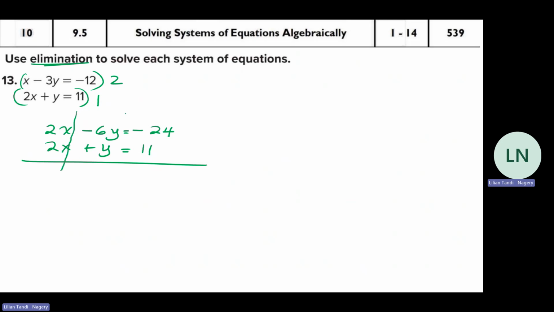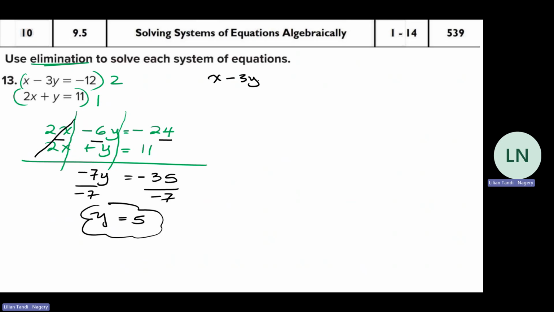Make my houses. Since I'm eliminating x, I will subtract. This goes. This becomes negative 7y. And this becomes negative 35. I divide both sides by negative 7. Y is 5.